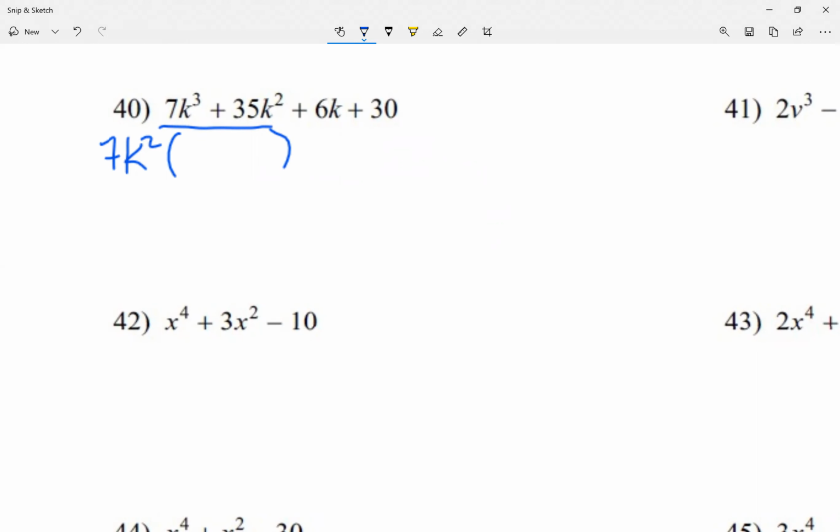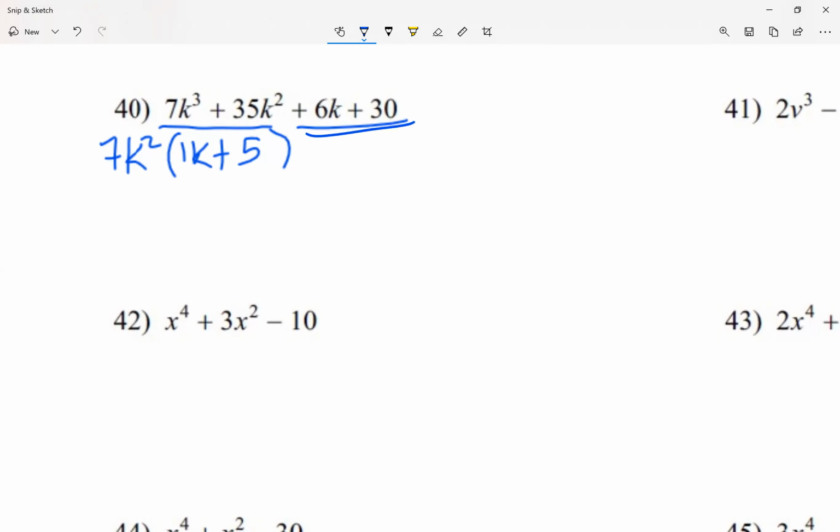For each letter, I'm going to subtract 2 from the exponent, right? So I get 7 divided by 7 is a 1, and then k, plus 35 divided by 7 is 5, and then there's no more k. Okay, I have this as 1k plus 5, but same thing as just k plus 5, right?